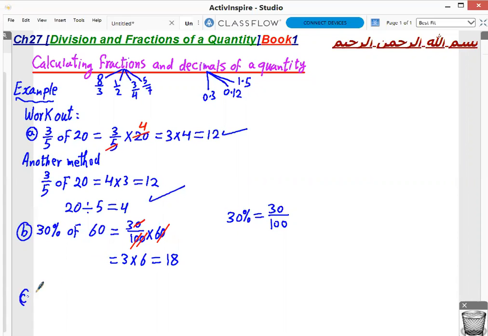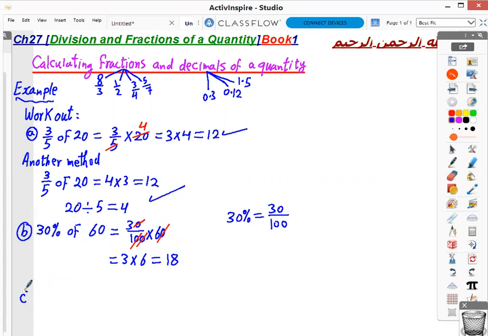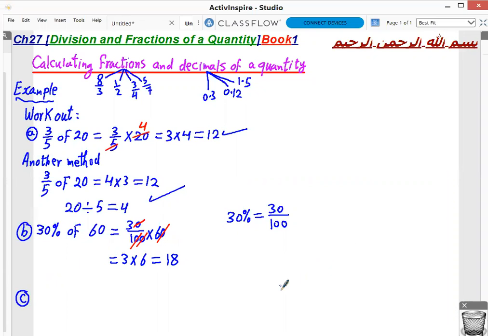C. If you say 1 and 3 over 4 of 100 kilograms.